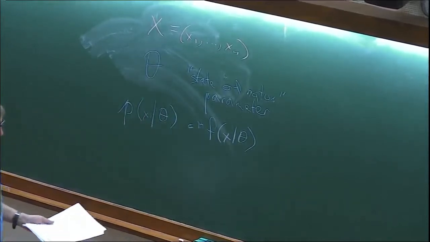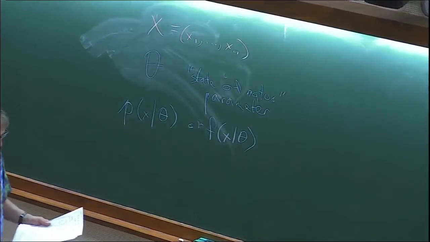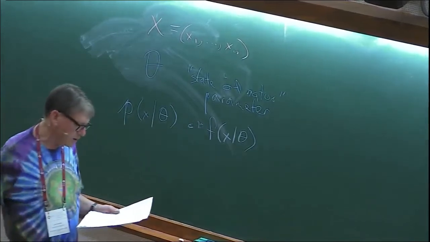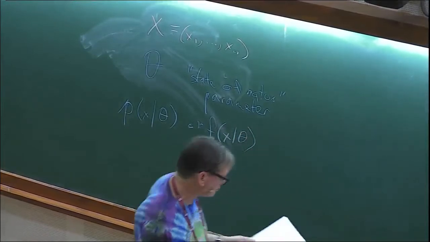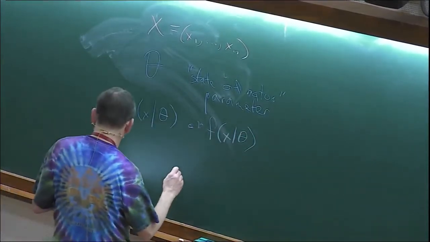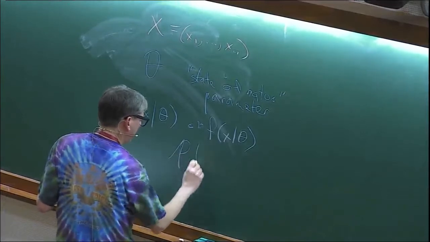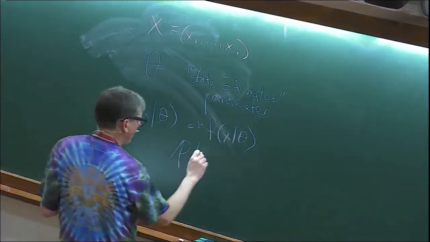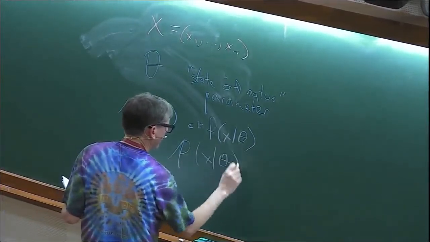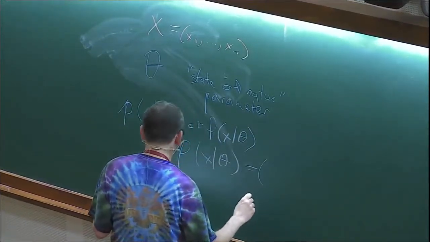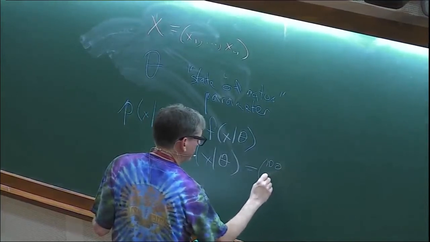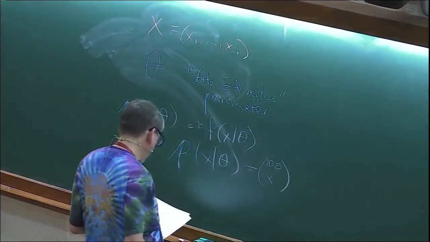So for example, if you're doing some electoral poll, then theta would be the fraction of votes, and x would be the number of 100 people sampled who are voting for your favorite candidate. And so in that particular case, P of x given theta is given by the binomial distribution. Okay, this will fit in very closely with stuff that Kavita talked about yesterday.